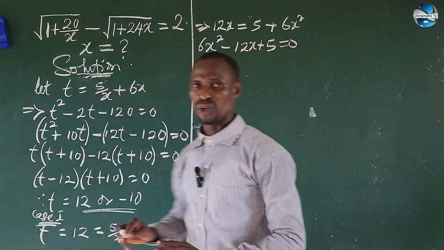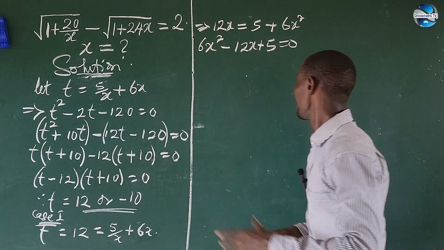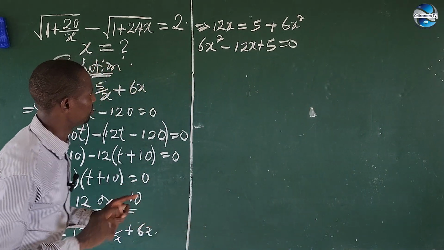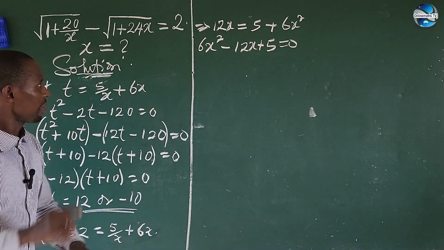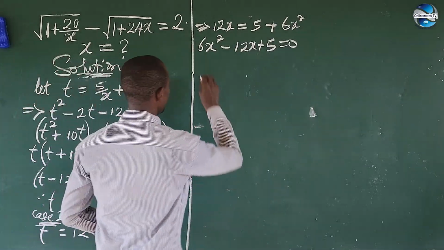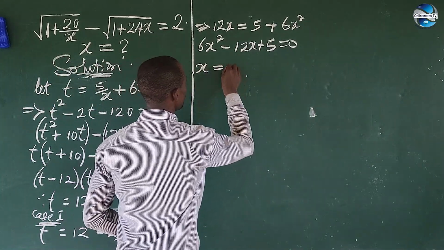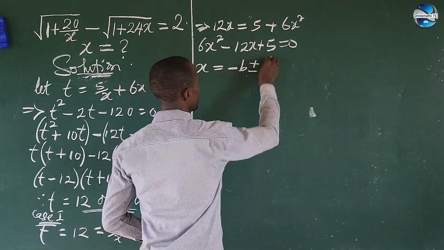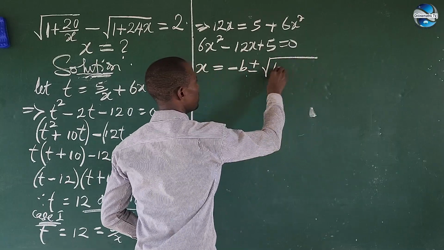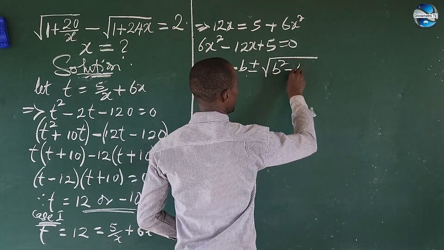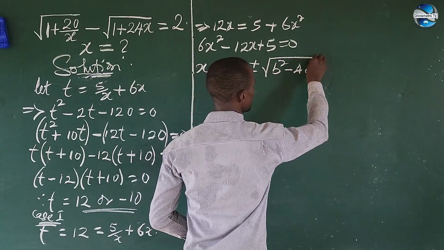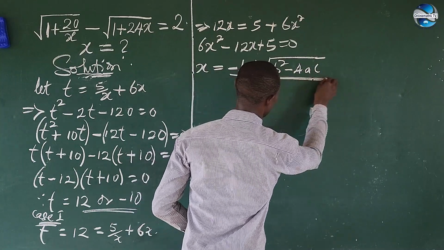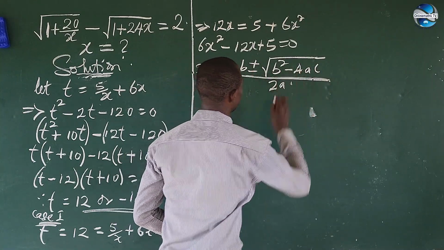Now this is a quadratic equation, so we have to solve quadratically. Now solving quadratically, can we use the factorization method? All right, no, so let's use the quadratic formula. So this will give us x equals minus b plus or minus the square root of b squared minus 4ac, all over 2a.